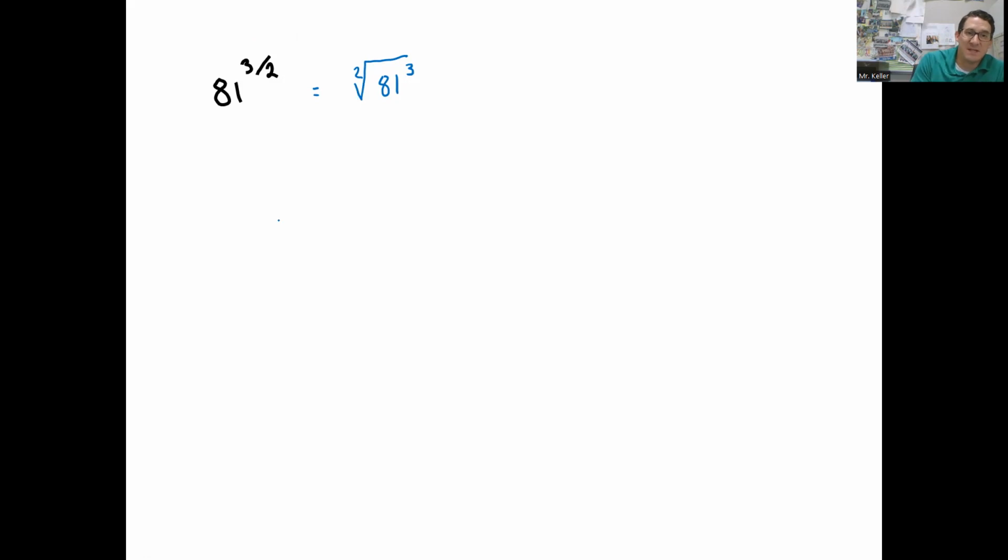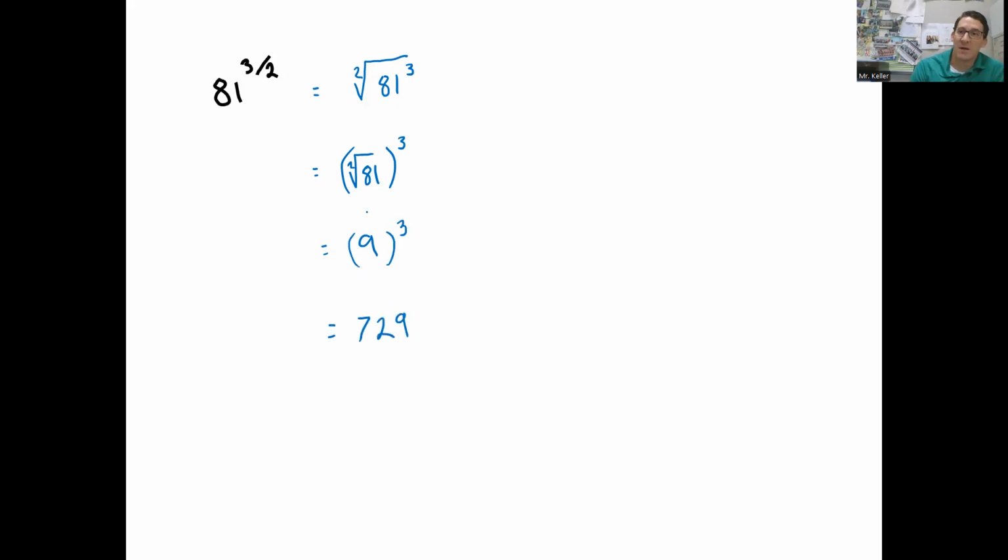This one is easier to do the root first because 81 to the 3rd power is a big number. I can write it as the square root of 81, or second root of 81, to the 3rd power if you prefer. Square root of 81 is 9, and then 9 cubed is 729.